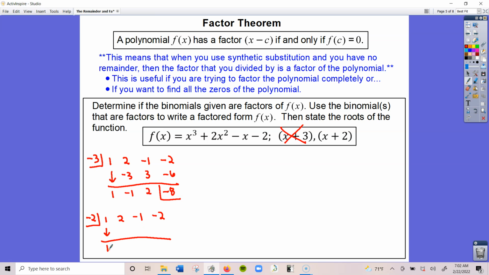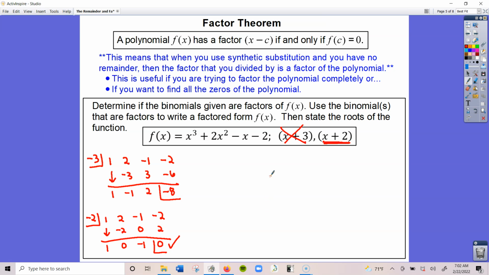Bring down the 1. 1 times -2 is -2. 2 minus 2, 0. 0 times -2 is 0. -1 plus 0 is -1. -1 times -2 is 2, and -2 plus 2 is 0. Since we end up with 0 as a remainder, that means that x plus 2 is a factor of my polynomial.